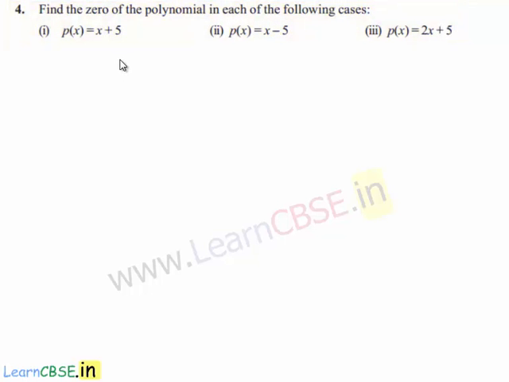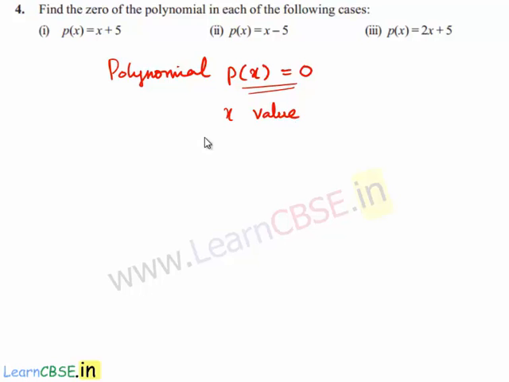So in order to find the 0 of the polynomial, we need to equate the given polynomial p of x is equal to 0. So if we equate p of x is equal to 0, we can find the value of x, which is nothing but the 0 of the polynomial.